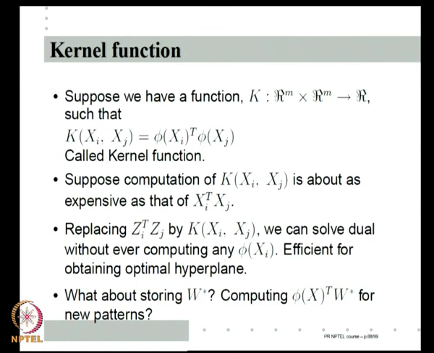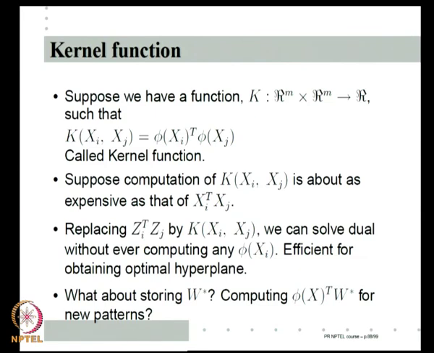Okay, so far so good, but does it mean that I have solved the problem of inefficiency inherent in this idea? One of the inefficiencies is that every time you give me a new pattern to classify, I have to transform it into this high dimensional space and then classify it. So, even though for obtaining my mu's I do not have to calculate phi(xi), what do I do with my mu's?